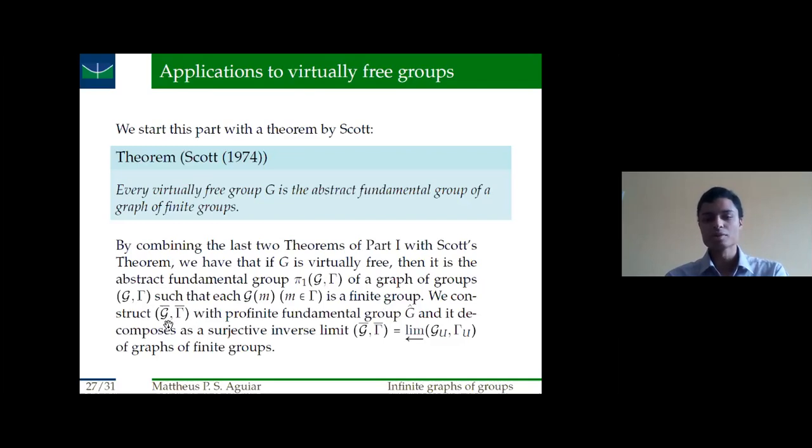So now we can construct by the theorems of part 1 a profinite fundamental group and a profinite graph of groups, such that the profinite fundamental group is G hat, and it decomposes as a surjective inverse limit of finite graphs of groups.